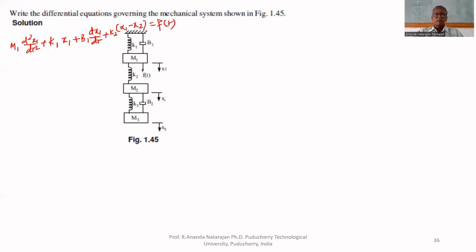This is the first equation. The second equation is m2 d square x2 by dt square. This is for mass.